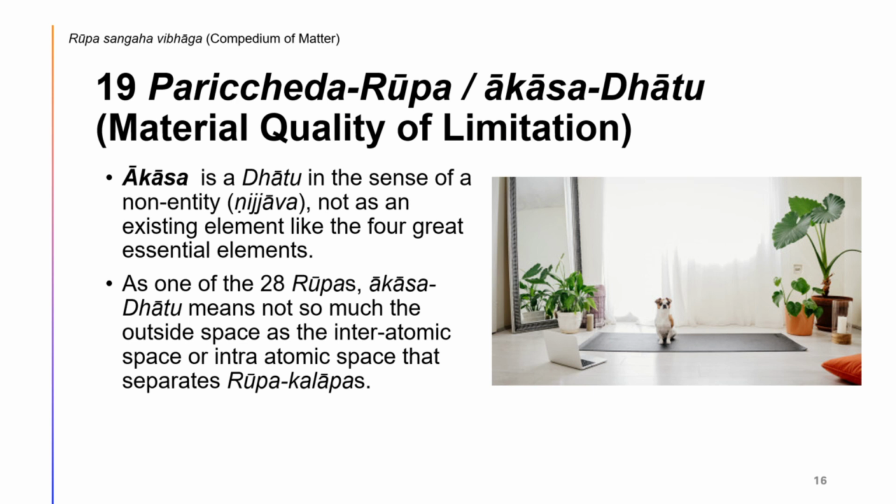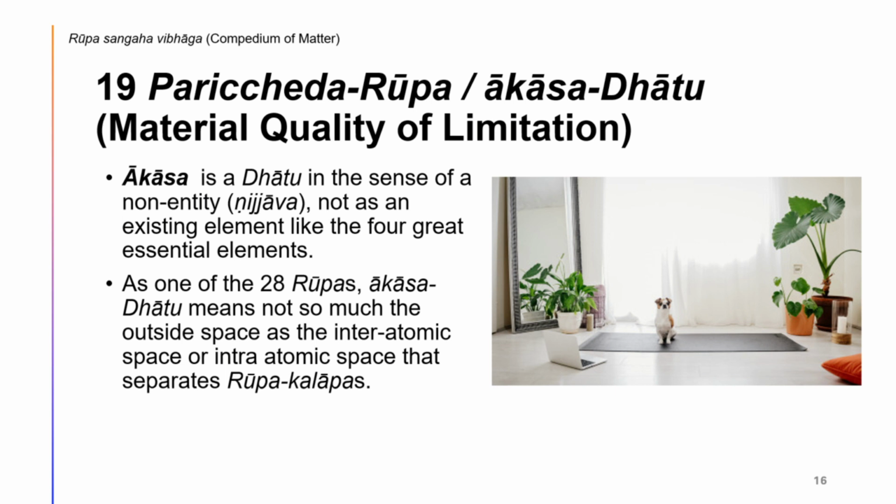Akasa is a dhatu in the sense of a non-entity, not as an existing element like the four great essential elements. So these are derivatives. As one of the 28 rupas, Akasa dhatu means not so much outside space as the inter-atomic or intra-atomic space that separates rupa kalapas. So the main purpose is to separate the kalapas.